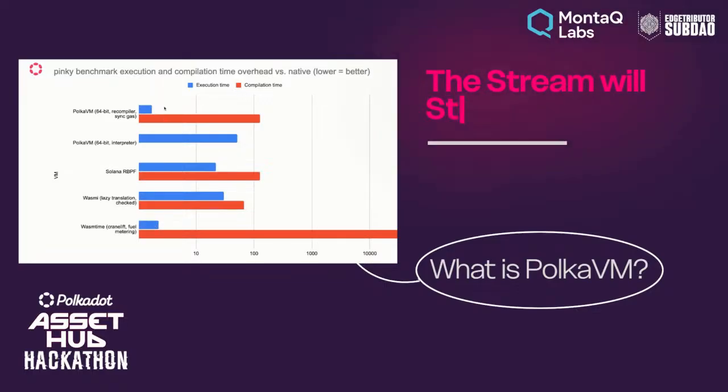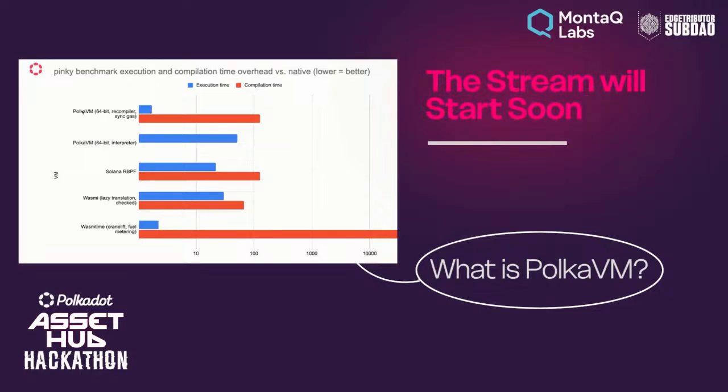And what we see here is just what I said before. The recompiler has a bit of compilation time, but its execution times are very, very fast. Wasmtime is considered top-notch, the best of the best compilers for WebAssembly.